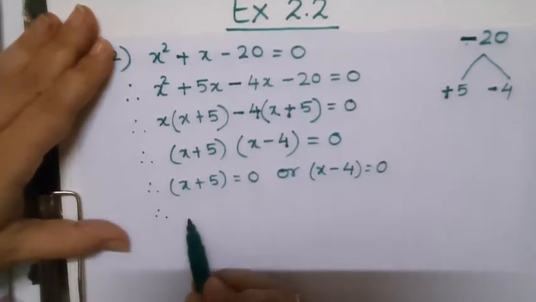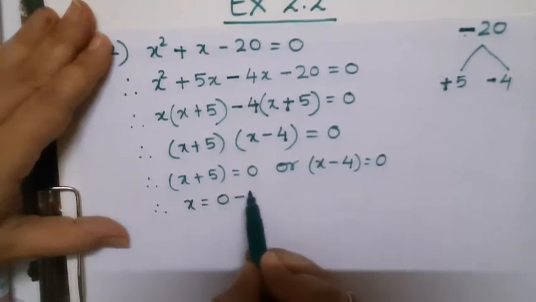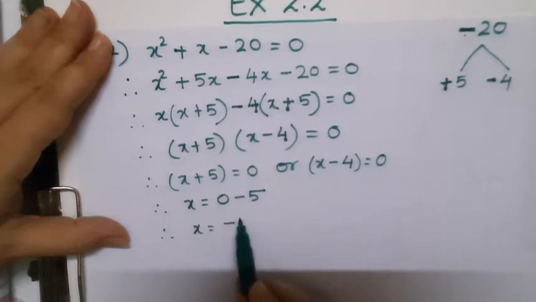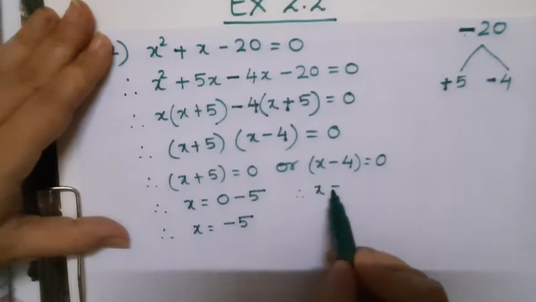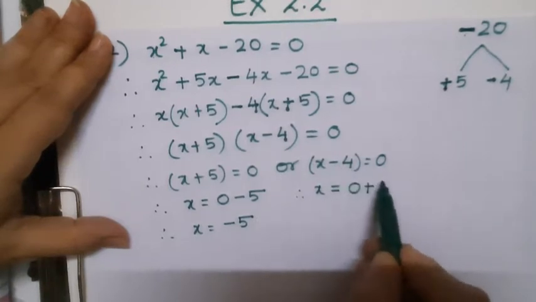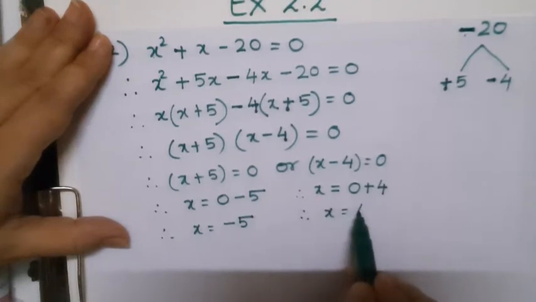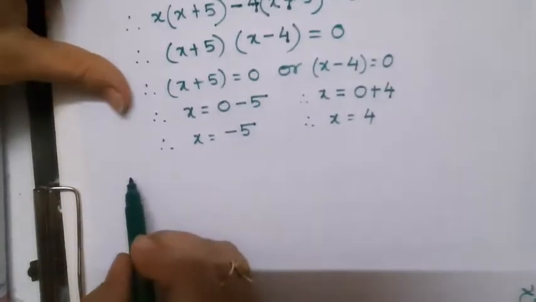Now let us solve this. We will get x is equal to 0 minus 5, that is equal to minus 5. And here it will be x is equal to 0 minus 4. When we bring this side, it becomes plus 4. So we get x is equal to 4. So final answer, children, what will we write?